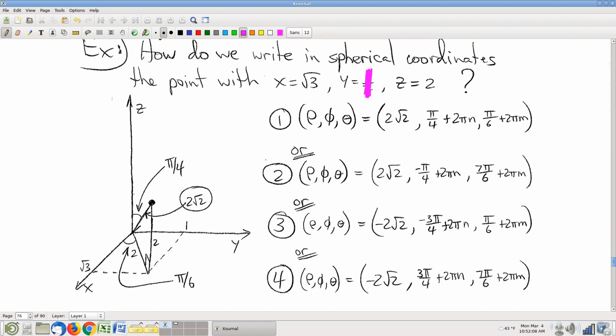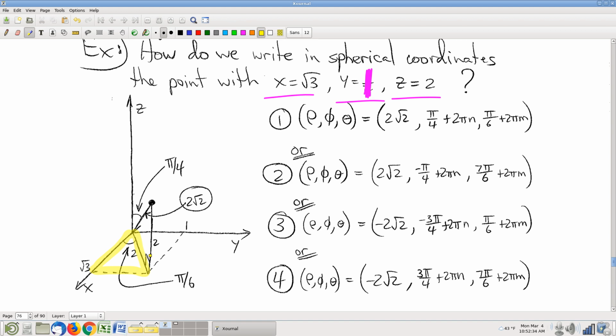Okay, so with x equals square root of 3, y equals 1, z equals 2, you can see we've got this picture. That's square root of 3, that's 1, that's 2. We've got some triangles that we can draw in here. This is not only a right triangle, but a familiar right triangle. That's a 30, 60, 90. Y'all remember those from way back?